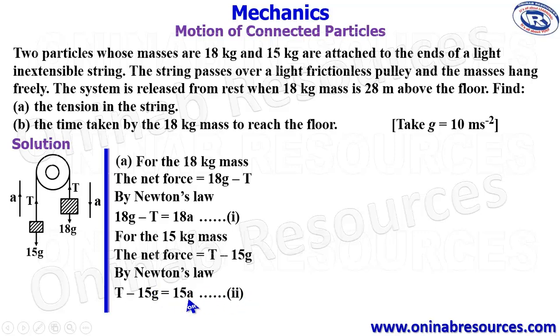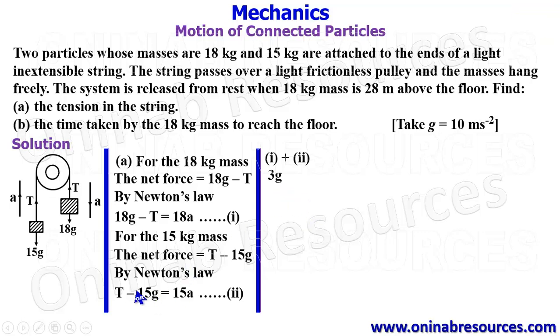We are going to solve equations 1 and 2 simultaneously. By adding equation 1 and equation 2, we have 18g minus 15g giving us 3g, then minus T plus T gives 0, then 18a plus 15a gives us 33a. So a will be 3g over 33 after dividing both sides by 33.